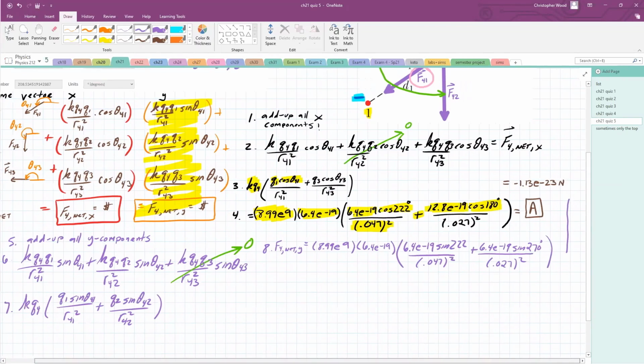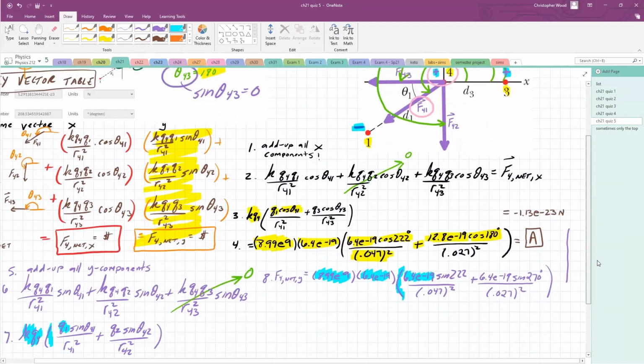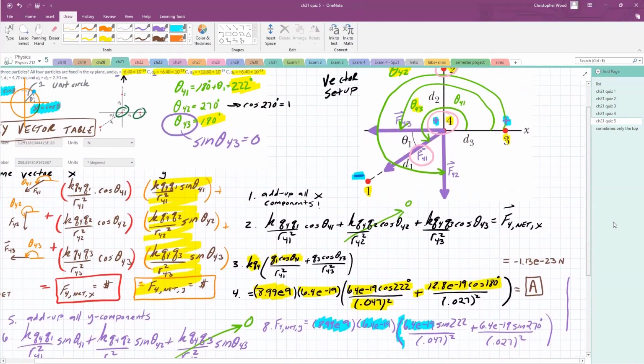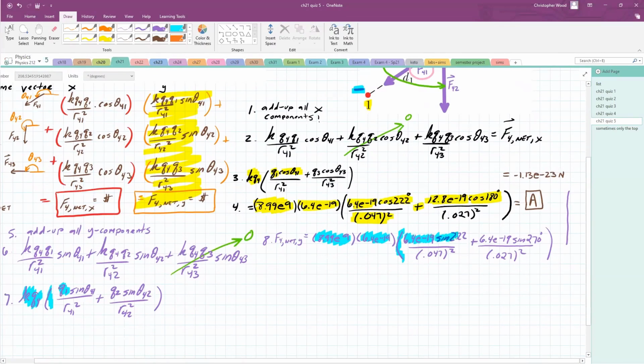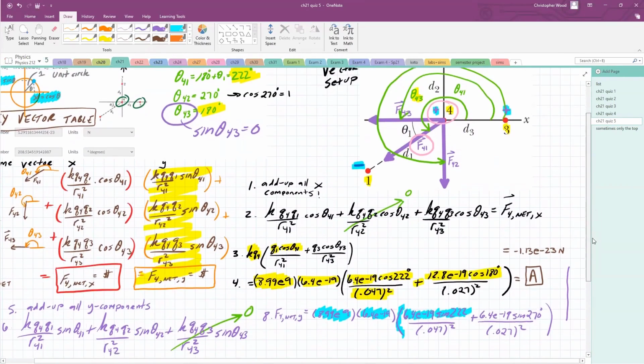And then just because this is so horrendous, I've got to double check. I'm looking at step number 7. Here's KQ4. This is K, yes. This is Q4, yes, that's good. And then parenthesis, and this is Q1. Q1 is indeed 6.4 E minus 19. Times sine of theta 41, which is sine of theta 222 with my numbers. So I'm feeling good about that.